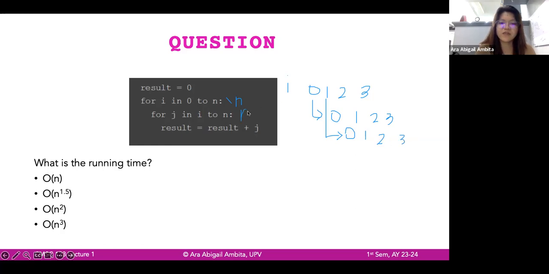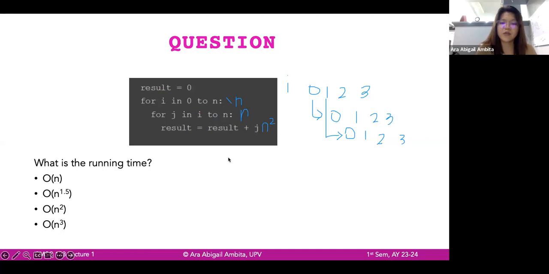So this will give you n squared, and then this result equals result plus j. How many times will this take? This will be n squared, since you have to loop through n, and for each value of i, we are going to loop through the n again.